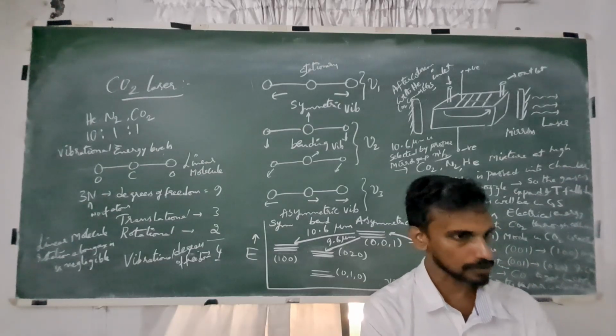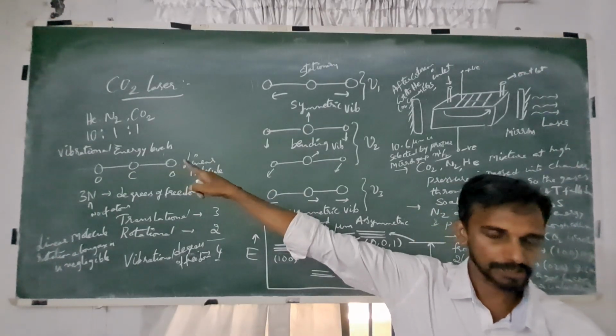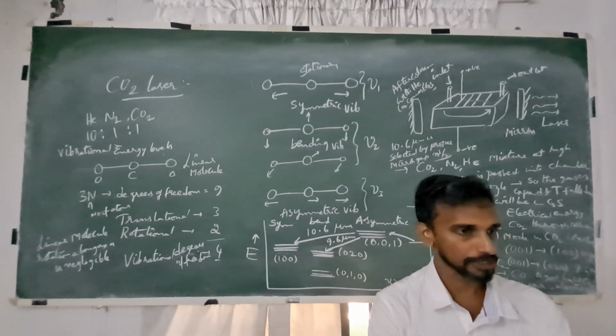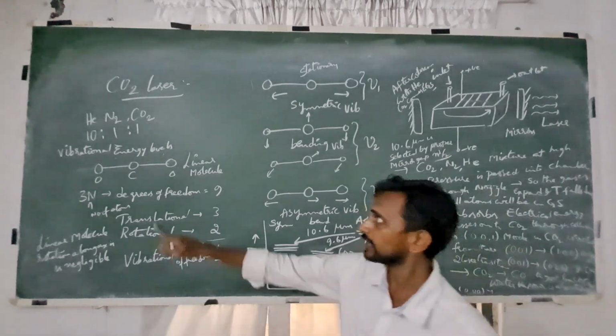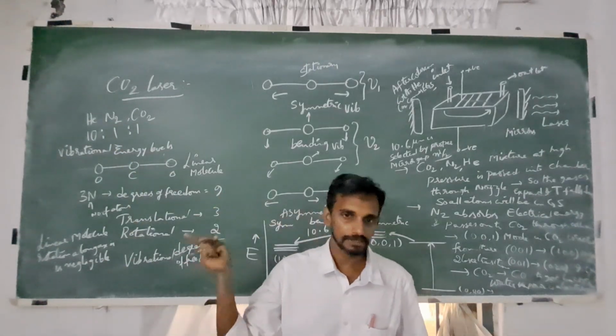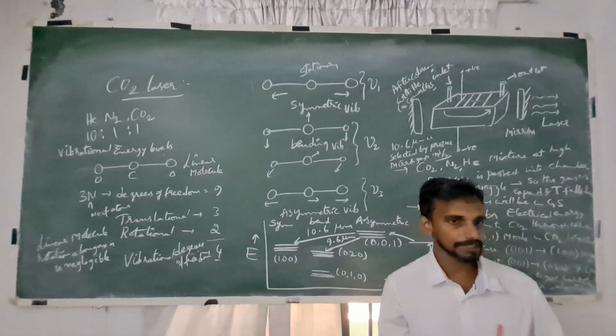That is also through collision. They are more in number, just to ensure that the de-excitation process is quick. So we have a 1:1 ratio of carbon dioxide and nitrogen, whereas 10 times more helium. So we are primarily focusing on the de-excitation process.